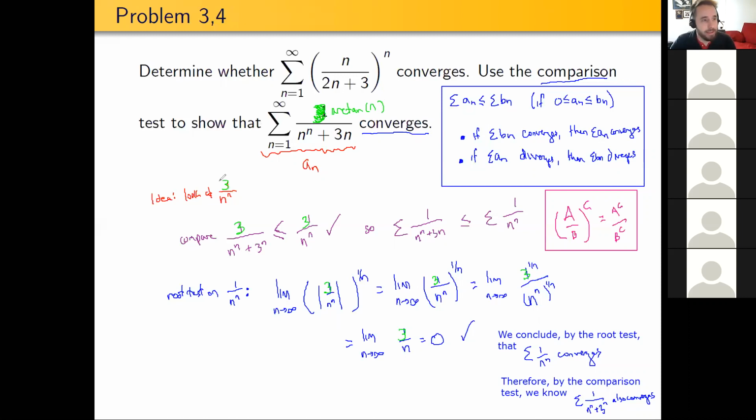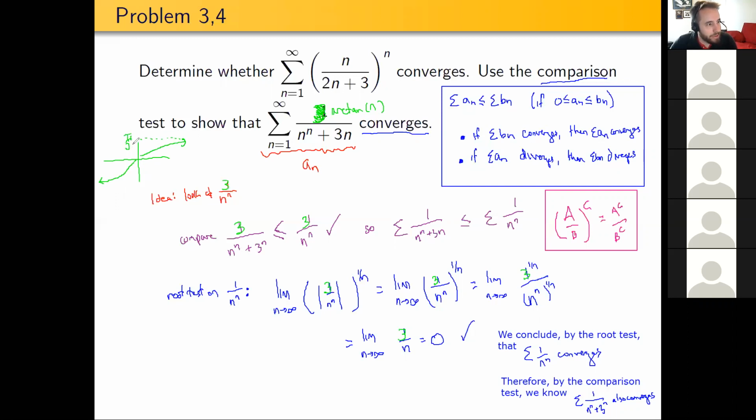Arctan of n. Well, off on the side, I could remember that the arctangent, or the inverse tangent function, has this horizontal asymptote. As it gets bigger and bigger, the arctangent function goes up and then levels off and never gets bigger than pi over 2.